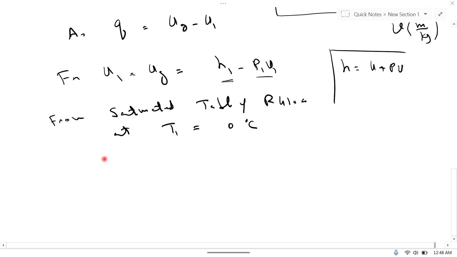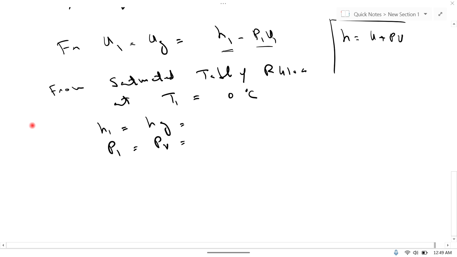Initially temperature is 0. H1 is equal to Hg, P1 is equal to pressure of vapor, and V1 is equal to Vg.